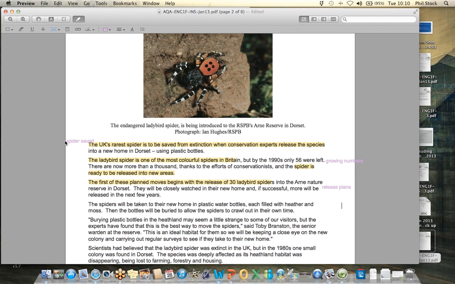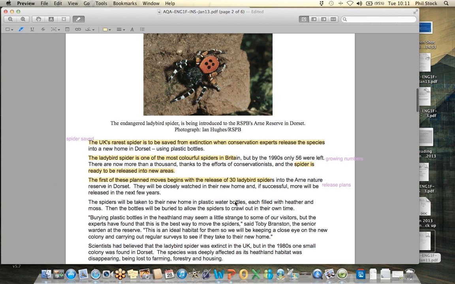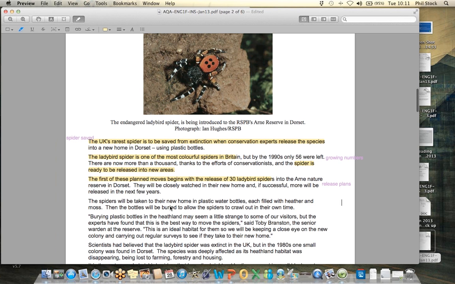And so therefore when I go to my questions, which we just looked at, I already know where to find quotations to support that information. Let's look at one more paragraph, this one here. The spiders will be taken to their new home in plastic water bottles, each filled with heather and moss. Then the bottles will be buried to allow the spiders to crawl out in their own time.